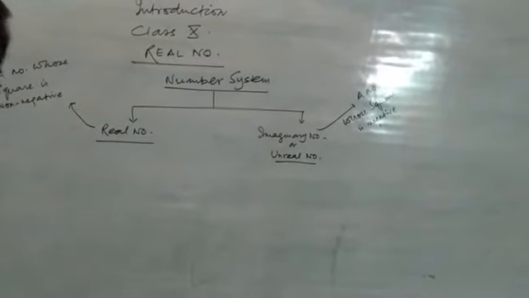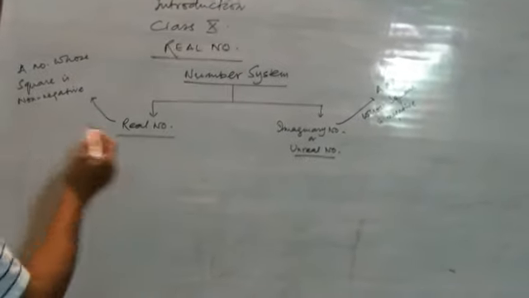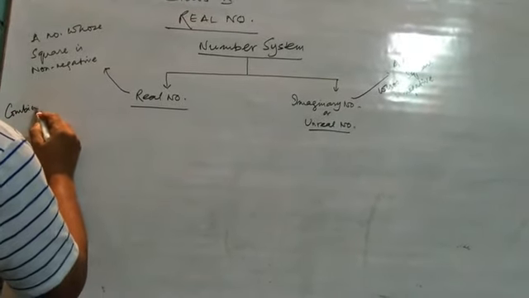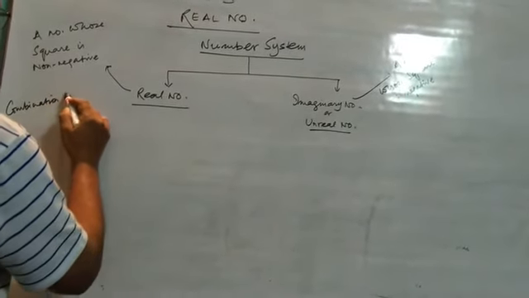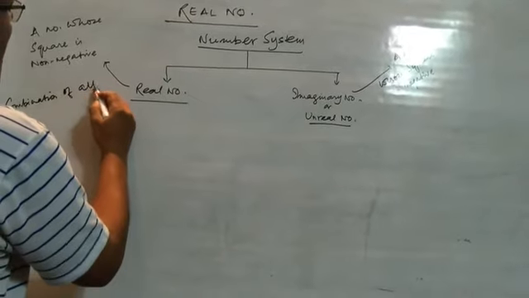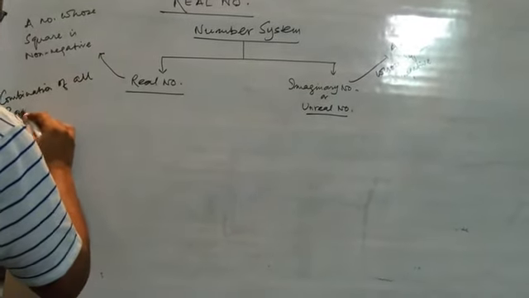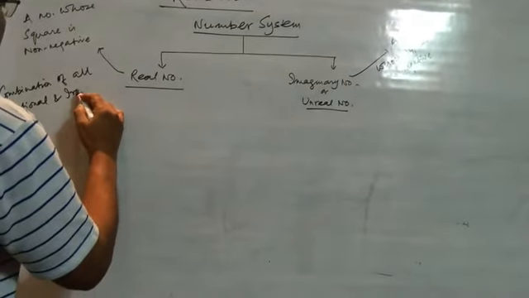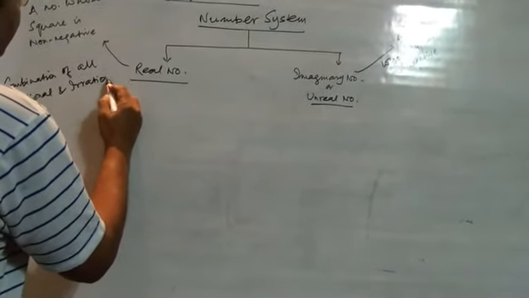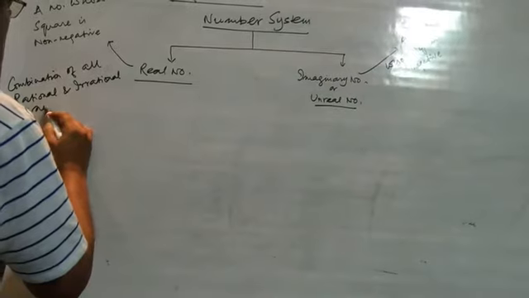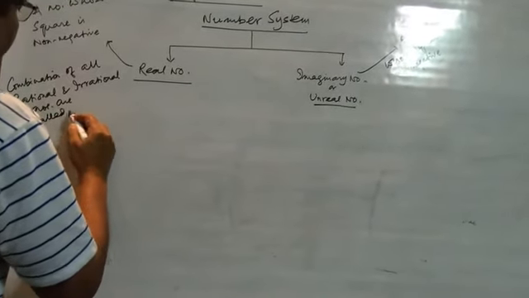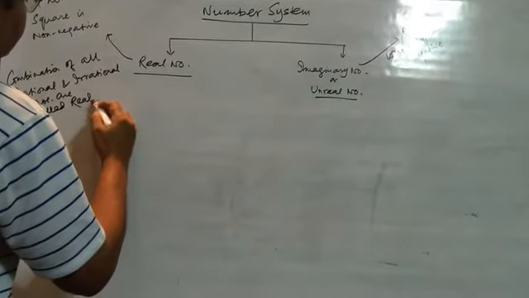In your book, you will find the definition goes like this: a combination of all rational and irrational numbers is called a real number.